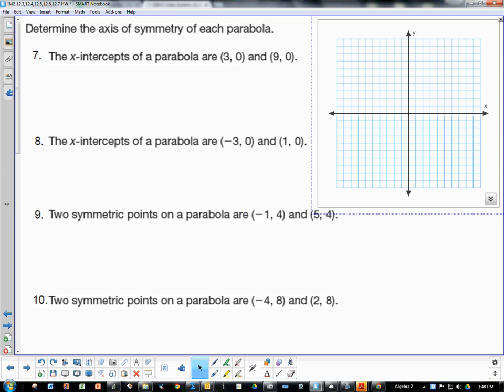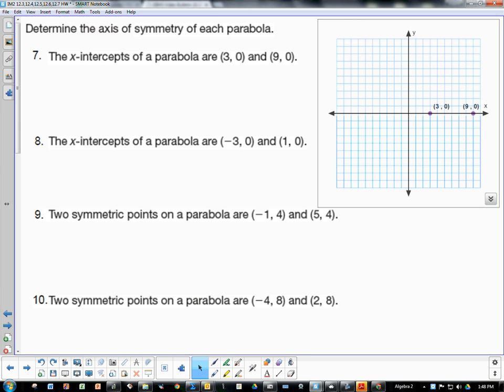Number 7 indicates that I have x-intercepts at 3, 0 and 9, 0. So 3, 0 would be about right here. There it is. And 9, 0. There's 9, 0.